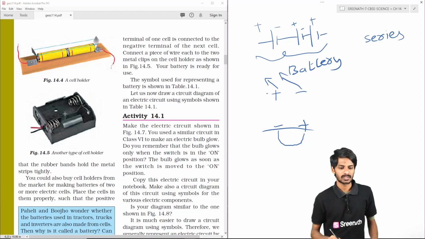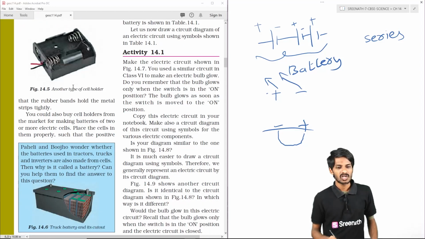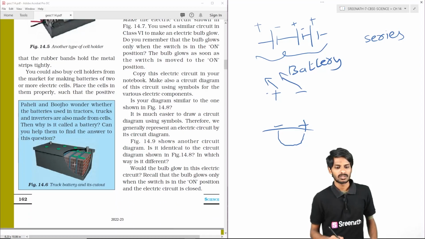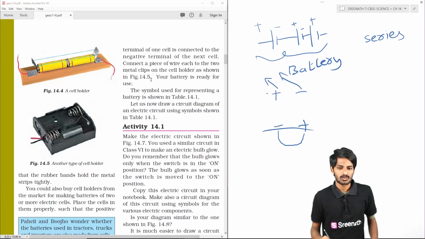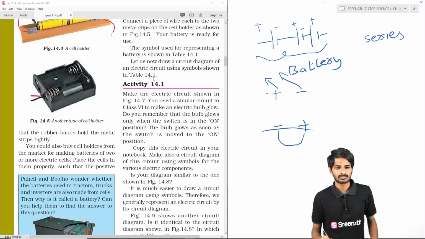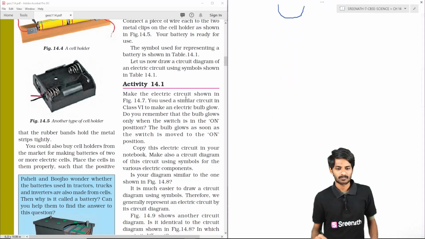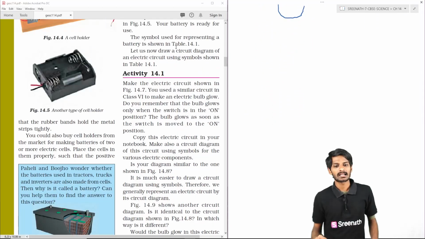So this is the thing, students. Or you can buy the holders like this also, students. So it is the battery in the trucks or in the vehicles, students. So that is the thing about batteries and cells. That's it, students.